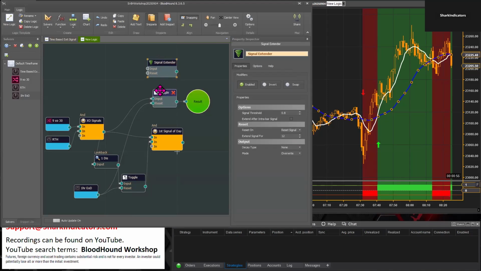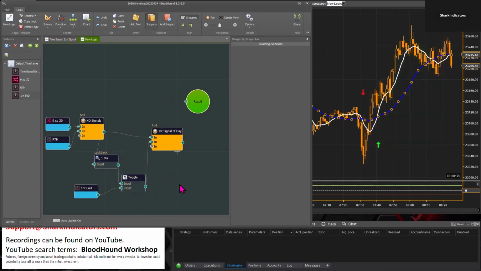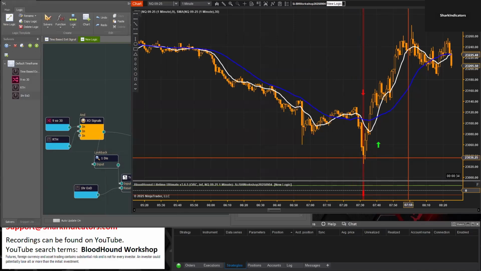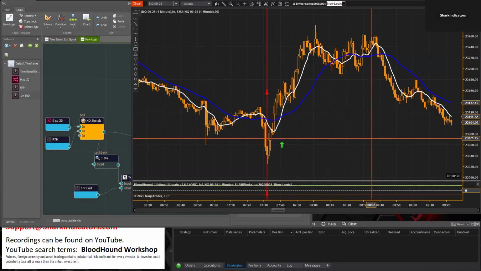But with the toggle node, I kind of built this system here to give you an example of when the number of bars doesn't quite fit in with what's needed here. Whereas with this system here, you just want the first signal to come in, and you don't know how long it's going to take to get to the next day, right?